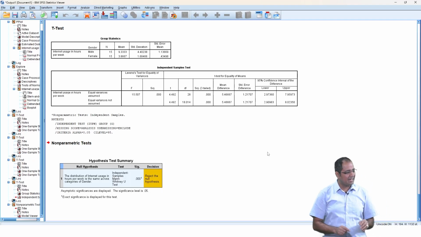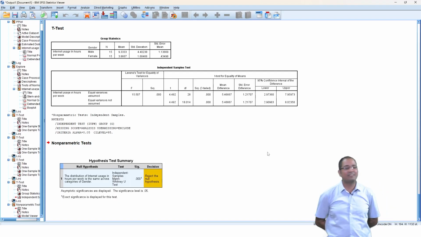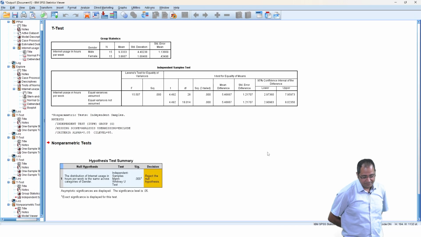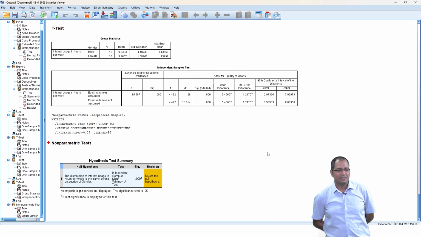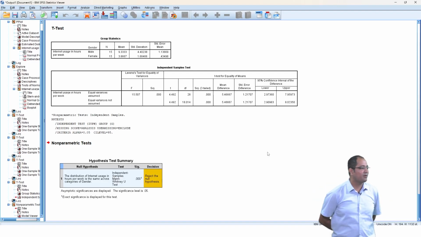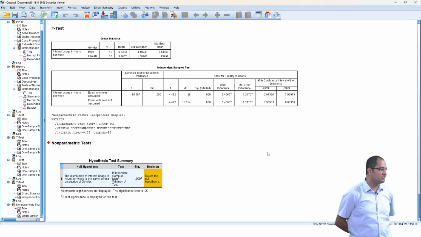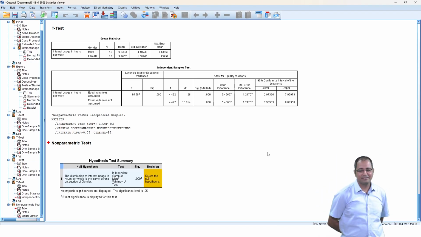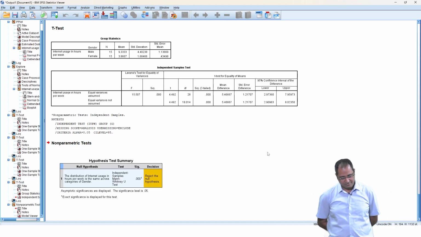So this will make life easier, because we need not state what is null, what is alternate. So in non-parametric they have made life easier for students. For parametric they did not. I don't know, in newer versions it might be. No, it's similar only. Non-parametric they are giving so much description, but parametric not.